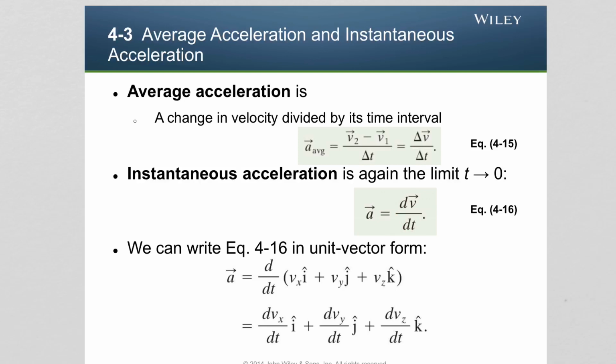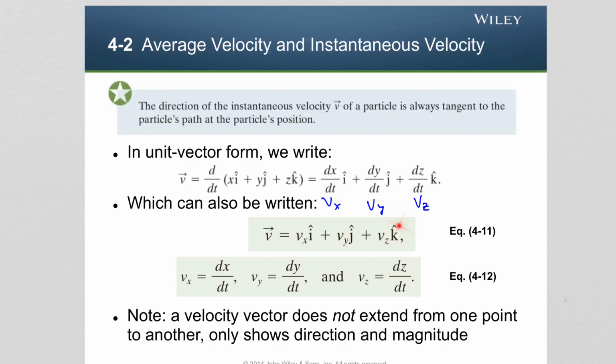But we have an expression for the velocity vector in a unit vector representation, right here. So then we can express the instantaneous acceleration as the sum of three terms, one along each coordinate direction.